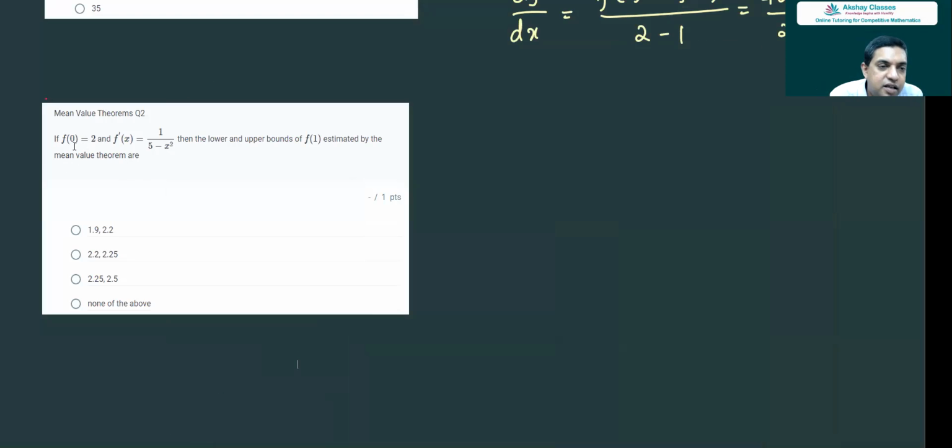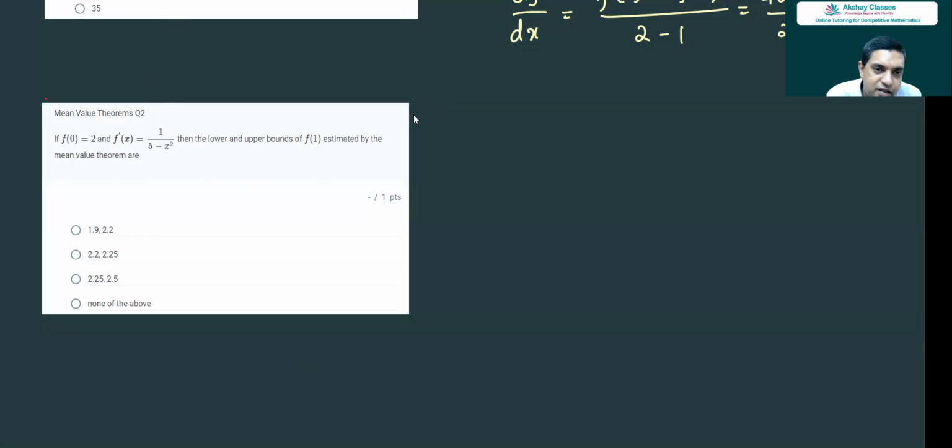Others can also answer and keep it. Okay, just look at this. What it says is f of 0 is 2, and we have to find the upper and lower bounds, that means highest and lowest values of f of 1 estimated by the mean value theorem.